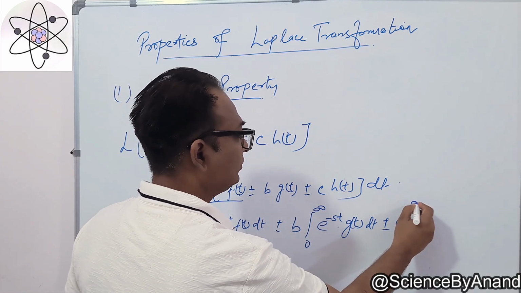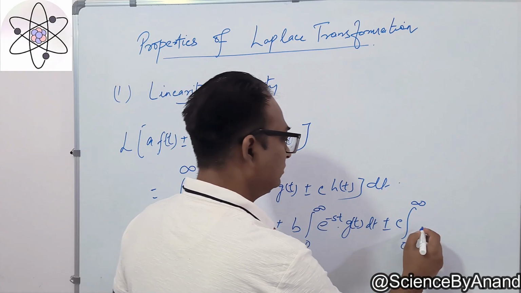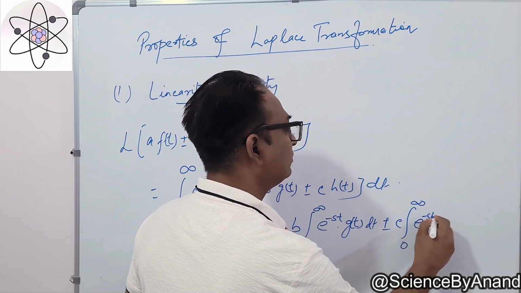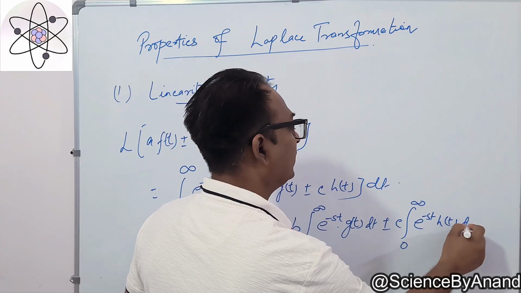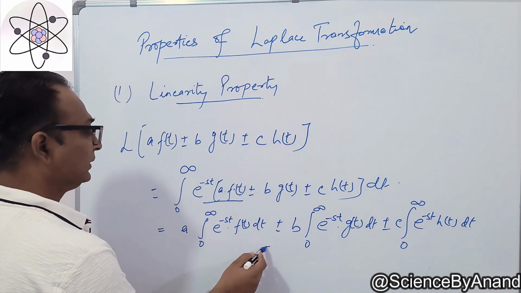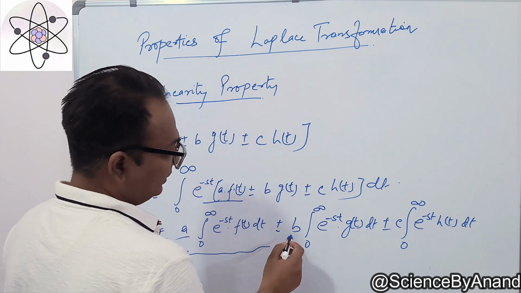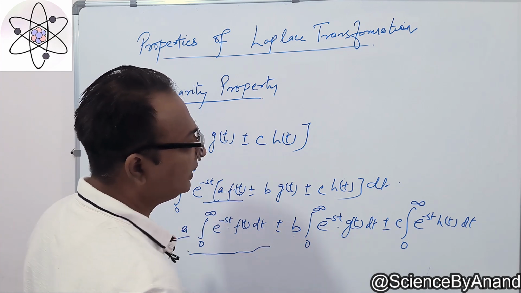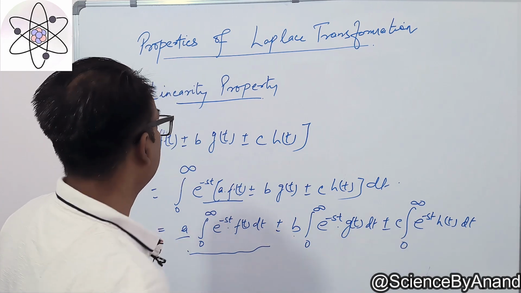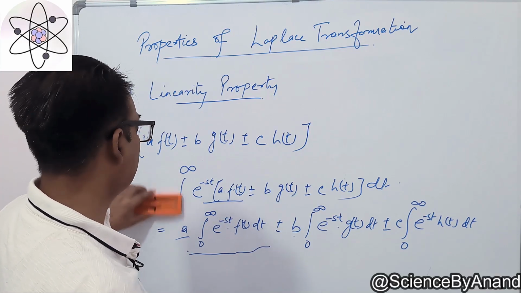Similarly, what is this? This is a into Laplace transform of f(t), this is b into Laplace transform of g(t), and this is c into Laplace transform of h(t).